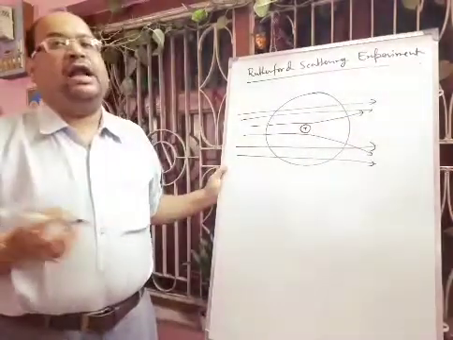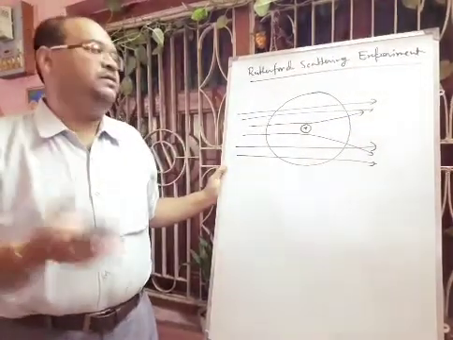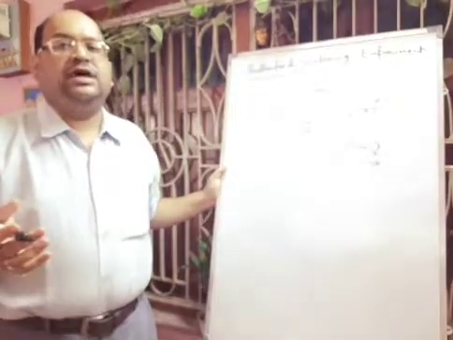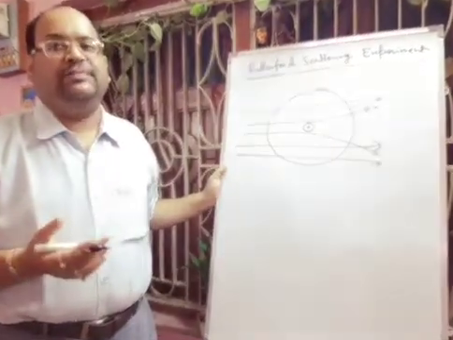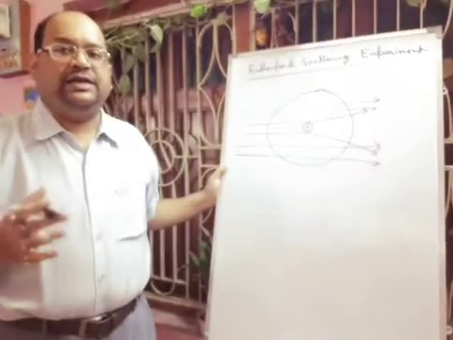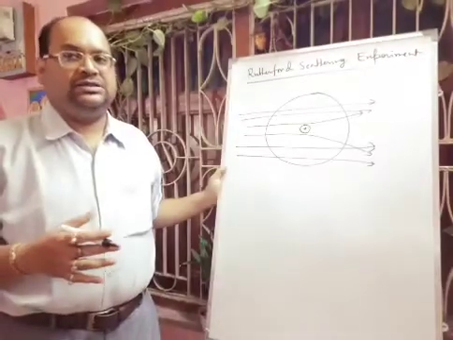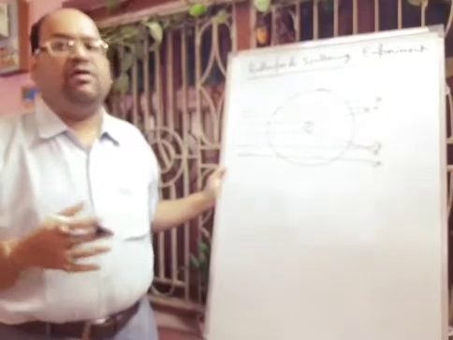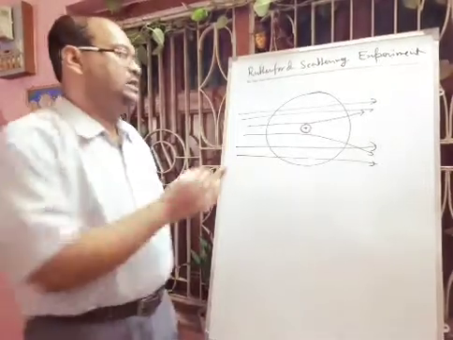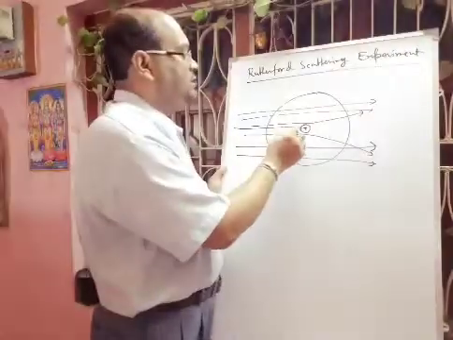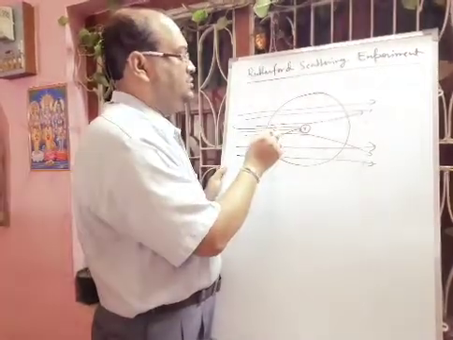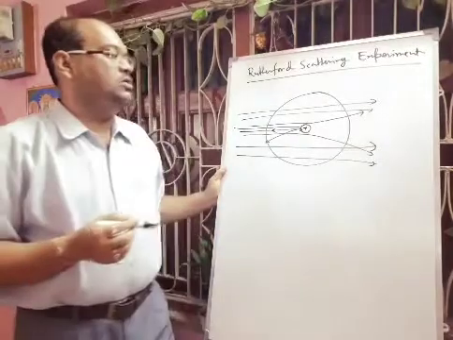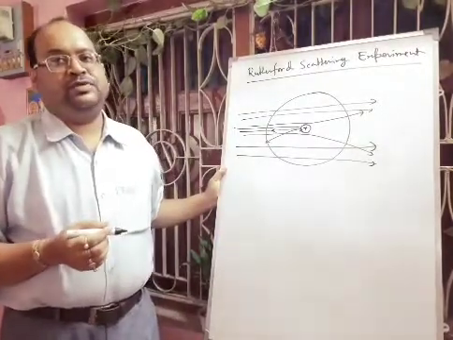The next observation was that very few, about 1 in 10,000 or 1 in 20,000, alpha particles were deflected backwards, that means 180 degrees, or through a very large angle, more than 90 degrees. So some alpha particles, at large angles, just after hitting, come back to the original position, that means 180 degrees.